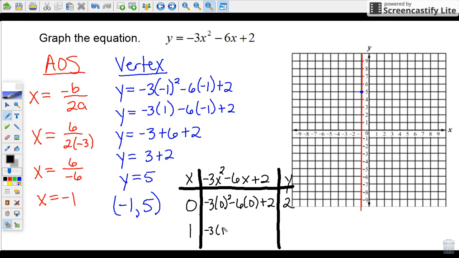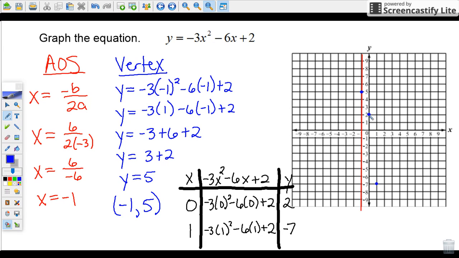Now I'm going to plug in positive 1. 1 squared is 1, negative 3 times 1 is negative 3, negative 6 times 1 is negative 6, so negative 3 minus 6 is negative 9, plus 2 is negative 7. So now I have 2 other points that I'm going to plot: 0, 2, and 1, negative 7.